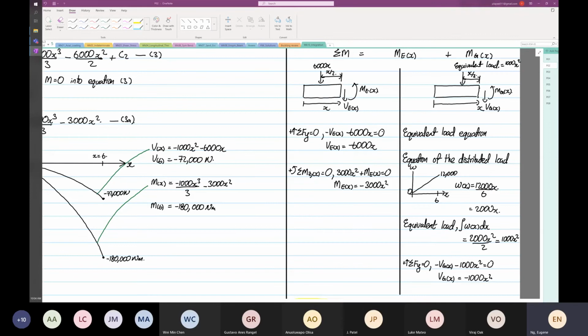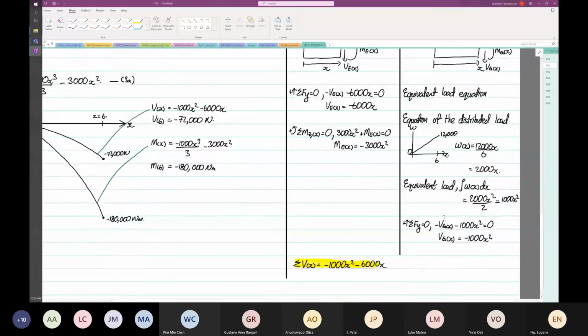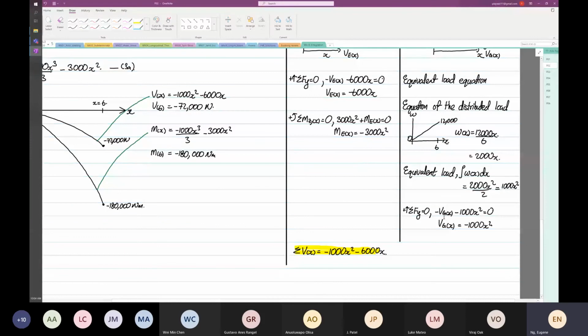Then from here, I'm going to squeeze, right? So if I'm going to take moment about z anywhere at point x is equal to 0.